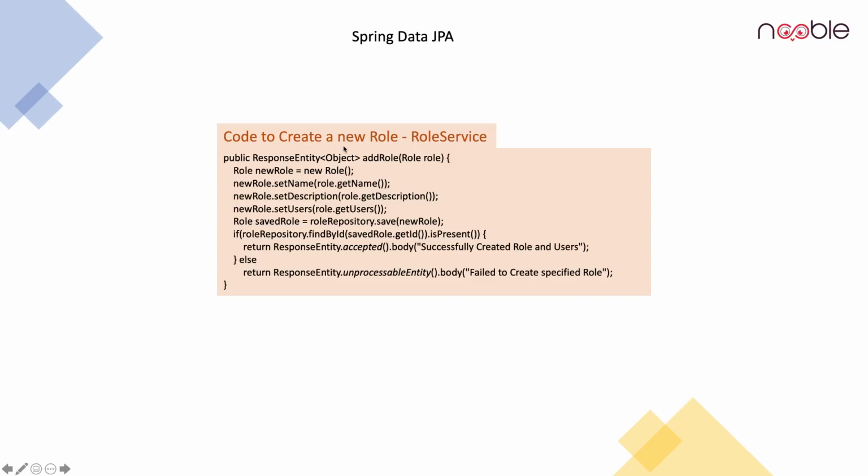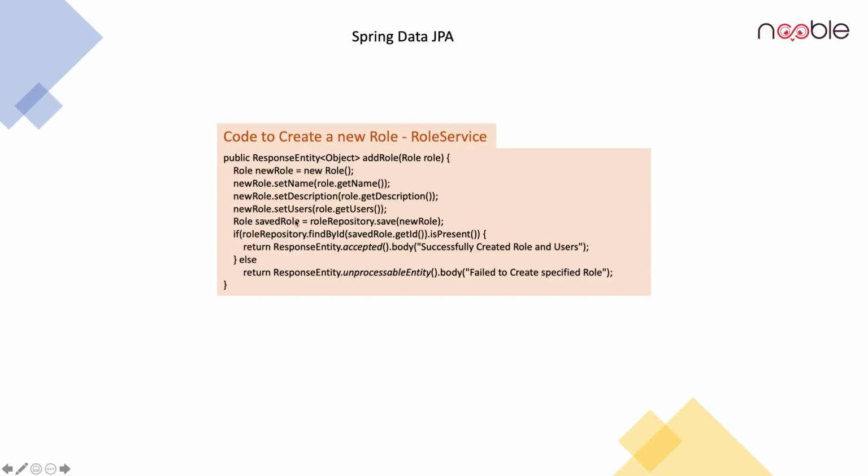Now the code to create a new role. I am creating a new method called addRole, which takes in a role of type Role. Now I create a newRole, newRole.setName(role.getName()), newRole.setDescription(role.getDescription()), and here we are setting the users by calling role.getUsers(), and finally we are saving it with roleRepository.save(newRole).